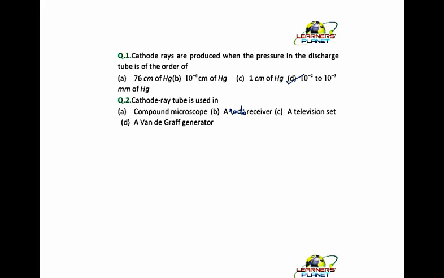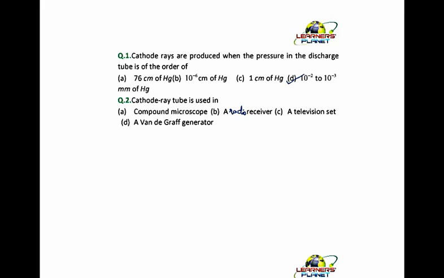In this tube, your picture is produced and you can see that picture on the television screens, which are coated with some specific material. Can you tell me any other place where it is used? A cathode ray tube is also used in fluorescent light tubes, right? Those tubes are coated on the inner side with some suitable material.